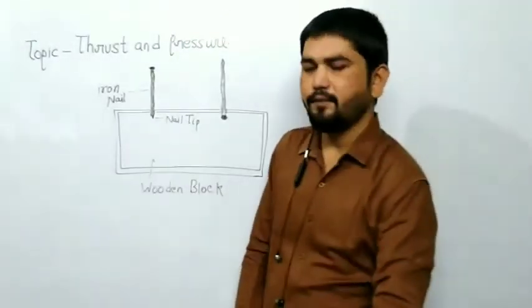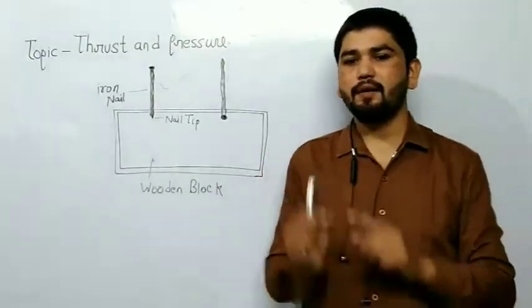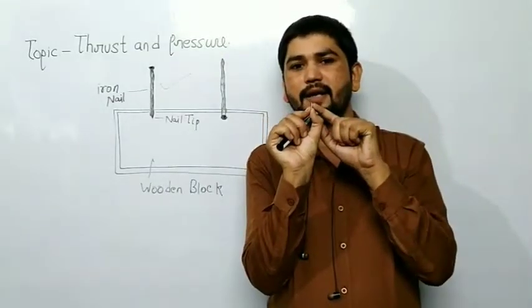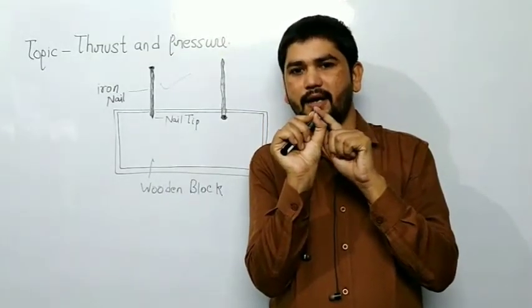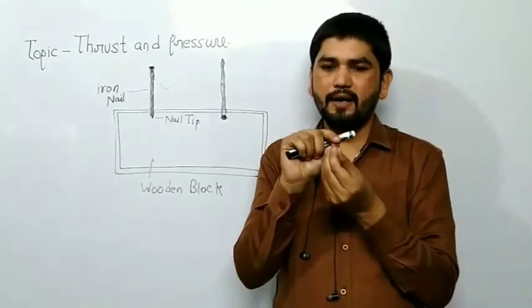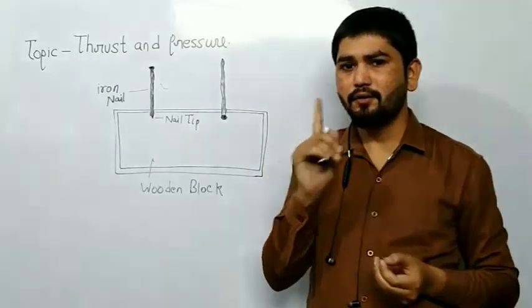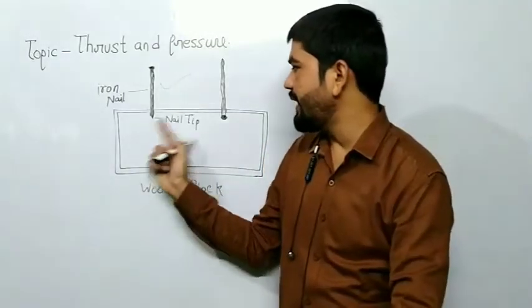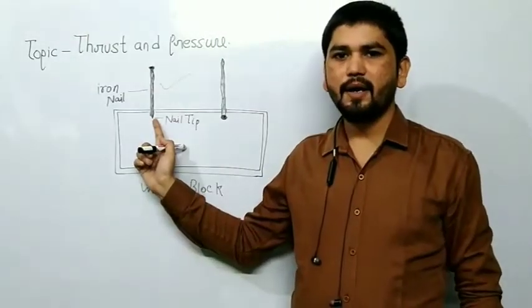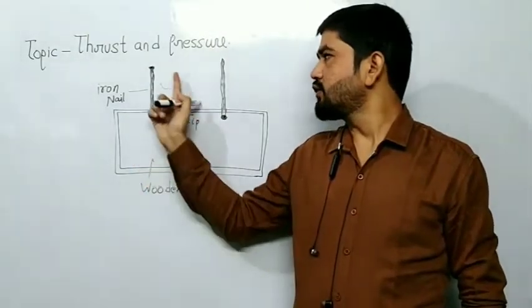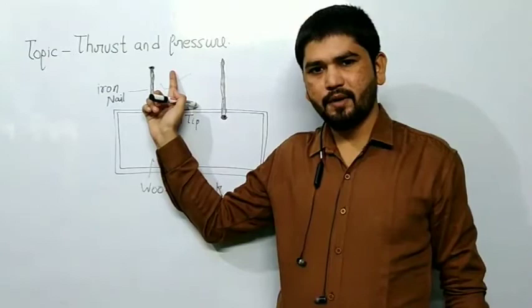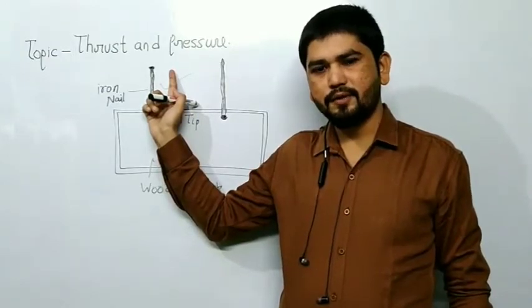Now observe one thing more. What I told, here area is less, and here area is greater. So one concept we can see: if area is less, less force is required.